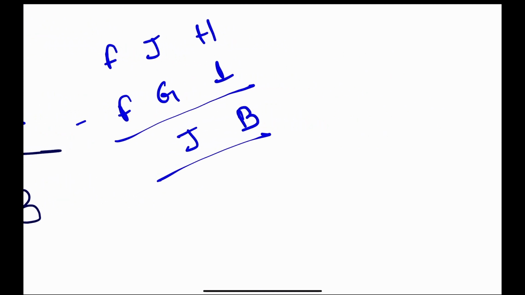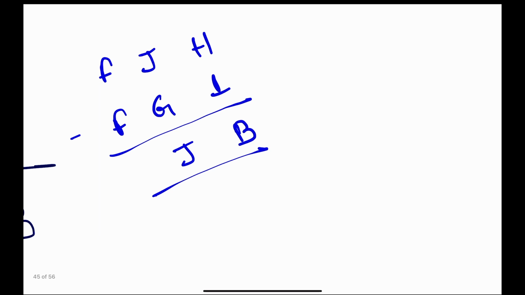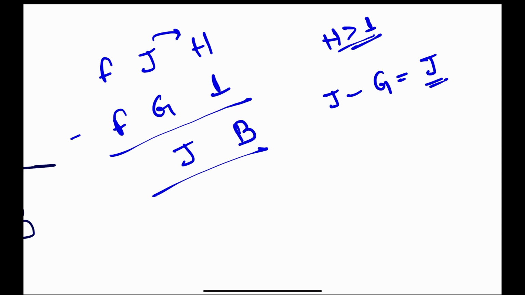Okay, if I focus, there is a possibility that H is greater than 1, suppose 5 minus 1 is 4. Okay, this is a possibility. In that case I can say J minus G equals J, right?